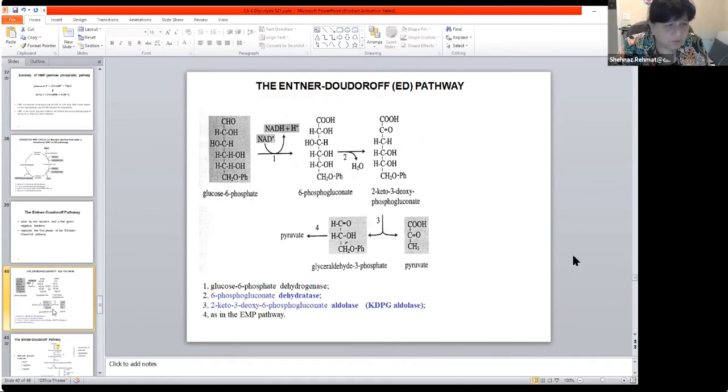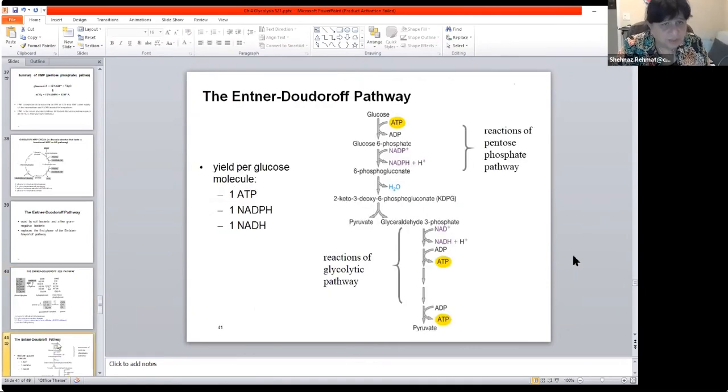So definitely, if you look at it, it looks like a hybrid to me. Entner-Doudoroff pathway starting here, the reactions that are similar in the HMP pathway first, then the unique step of creating KDPG, and then glyceraldehyde 3-phosphate going into the conversion to pyruvate, and this will be your regular EMP pathway. So you're looking at HMP here, unique step, and then EMP here.